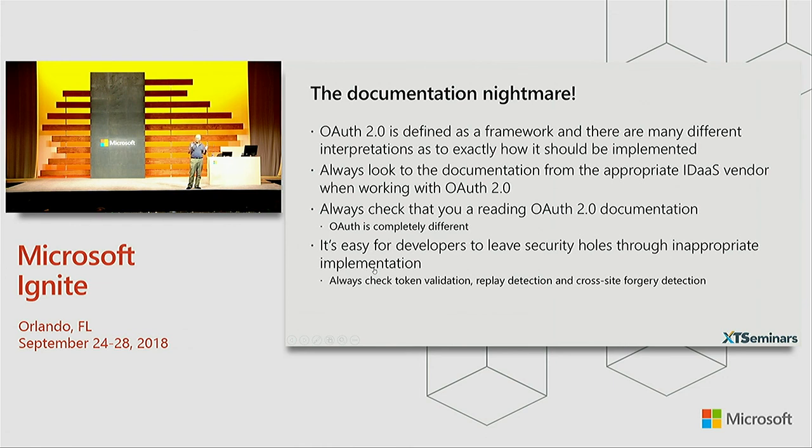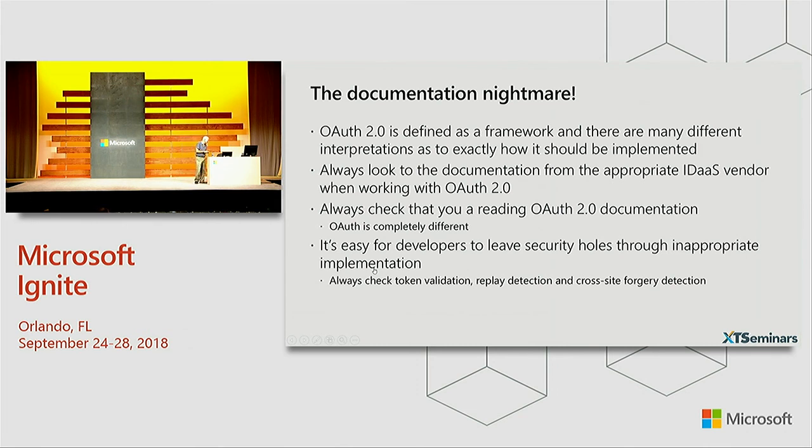The basic core principles are the same. Make sure you're reading the OAuth2 documentation and the OpenID Connect documentation. If you're reading stuff on the internet about how it works, be careful. There's a lot of misinformation on the internet about how the protocols actually work.